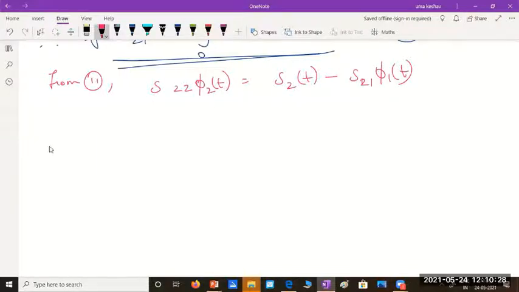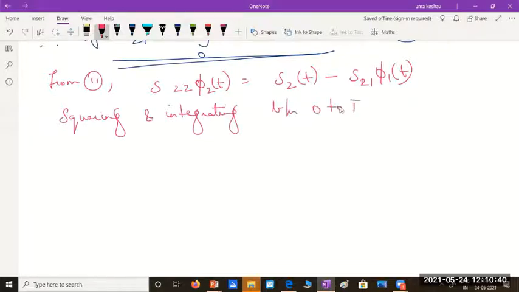Now, in order to simplify this, we'll use the manipulation of squaring and integrating between 0 to t. What do I get? Integral 0 to t S22 square into phi 2 square of t.